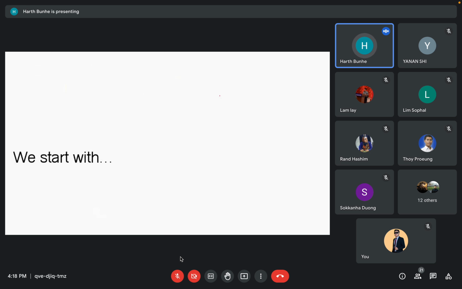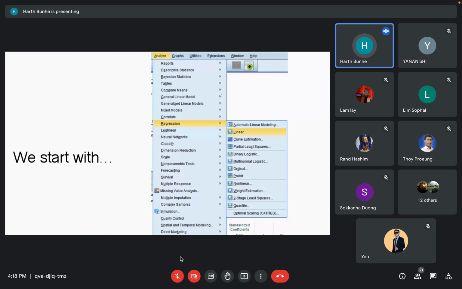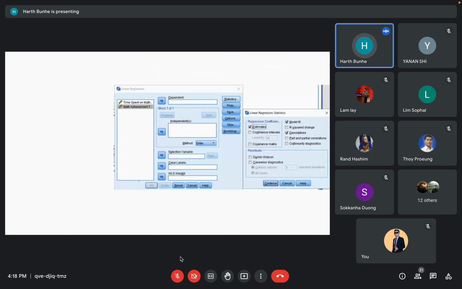So we will start with Analyze, Regression, and then Linear. Analyze, Regression, and Linear, and you will see this tab.